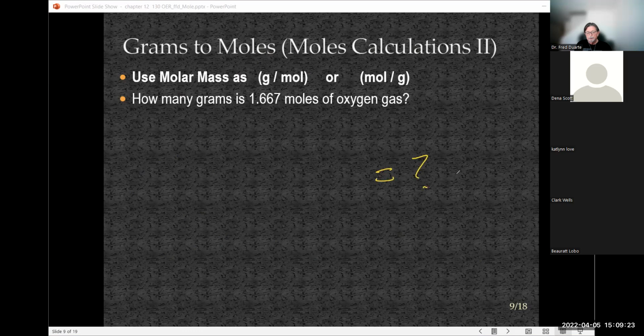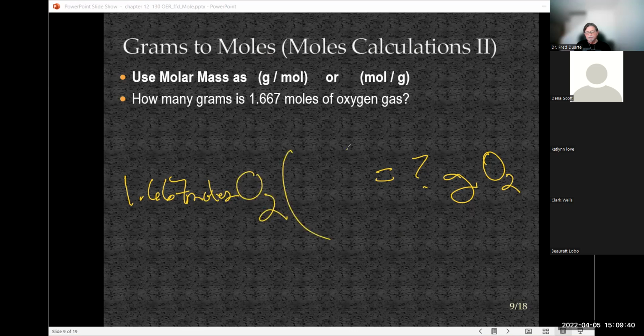We are looking for grams of oxygen gas, it's O2, and we are given 0.1667 moles of oxygen. Okay, so that means that we're going to have a conversion factor because we're going to get from moles to grams.